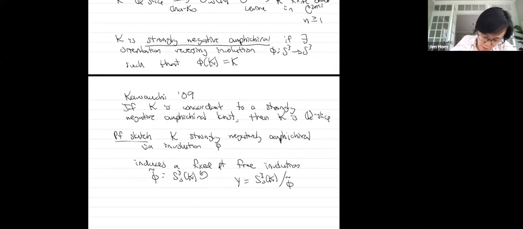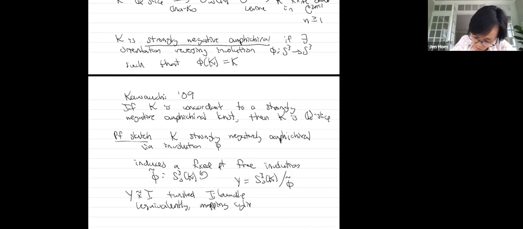All right, and so now let's take the twisted I bundle over Y, or equivalently, this is the mapping cylinder of this double cover.